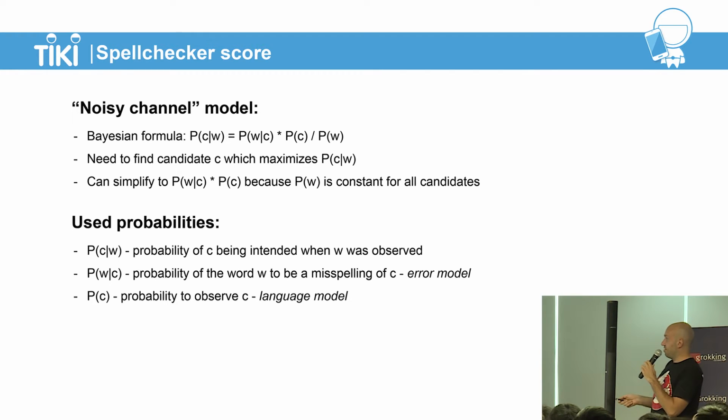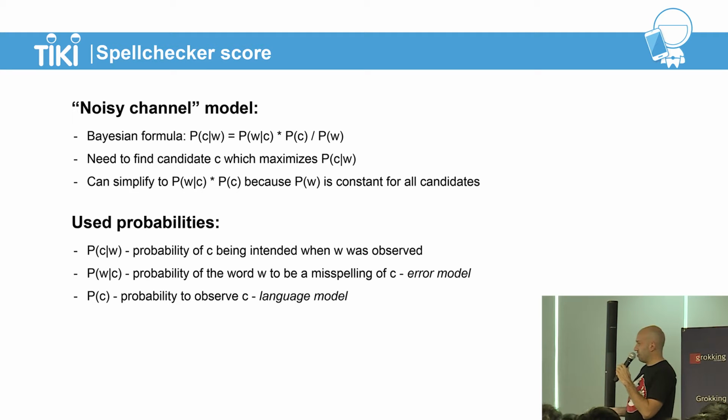We can use this multiplication to calculate this probability. In here, the meaning of P(W|C) would be the probability of the word W to be a misspelling of the word C without any other given context. We will explain later how to calculate this probability using something which we call the error model. And P(C), the probability of C, is just the probability to observe the candidate C in real world text or in a real world query.